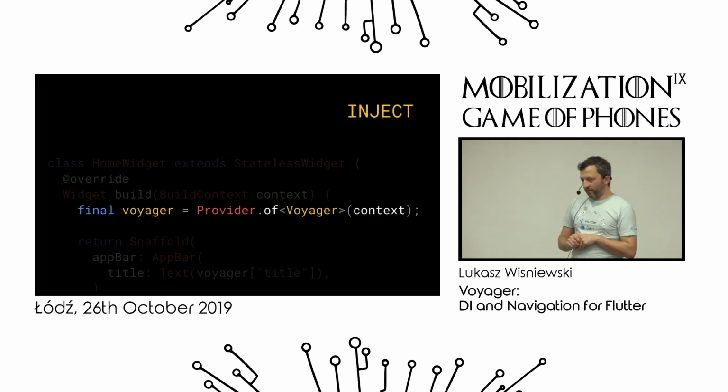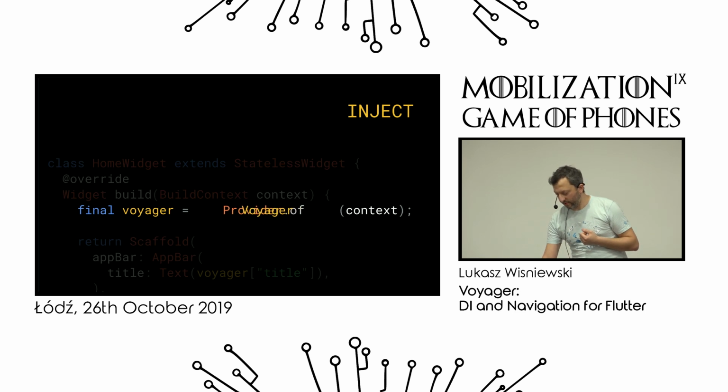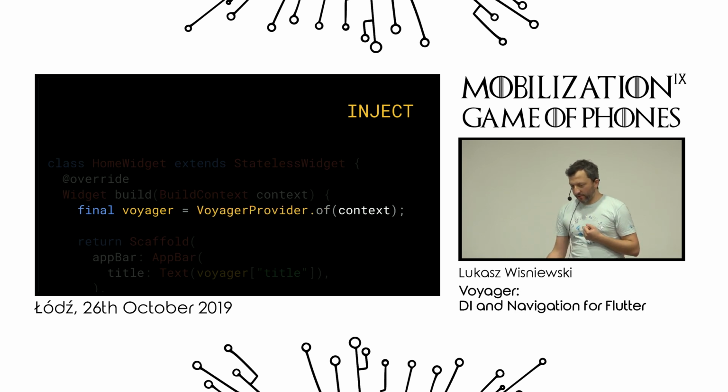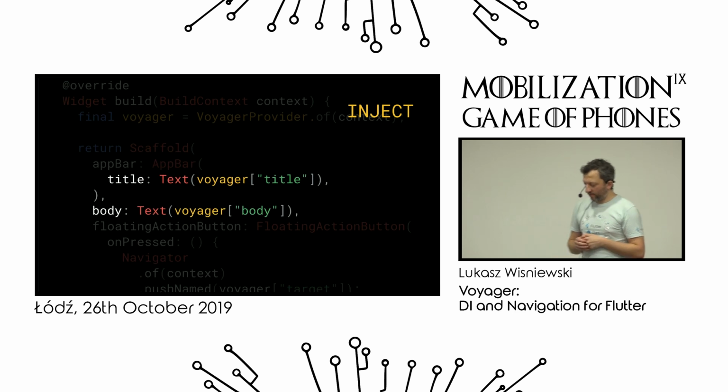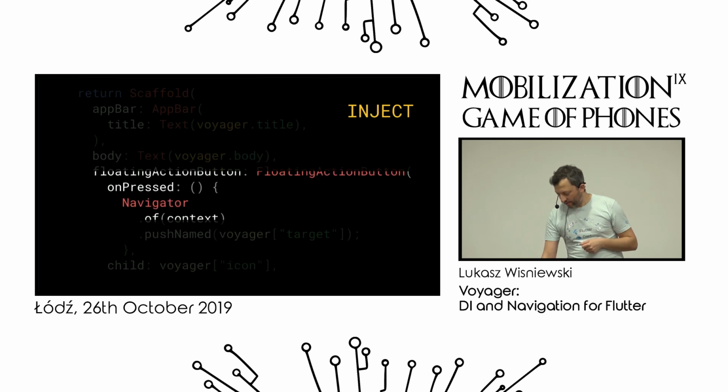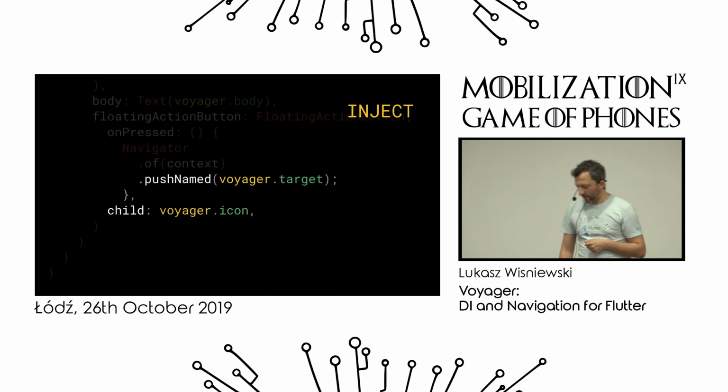And there are changes this brings to the widget code. Now you can rely more on generated methods. You can start using the generated Voyager provider, which still uses provider underneath. It just does smart casting. And all these fields now become strong typed. I think this is pretty good.